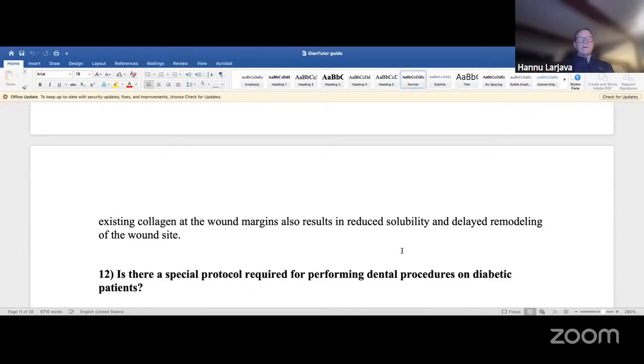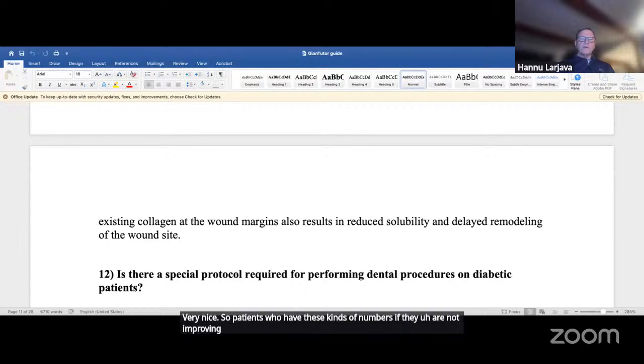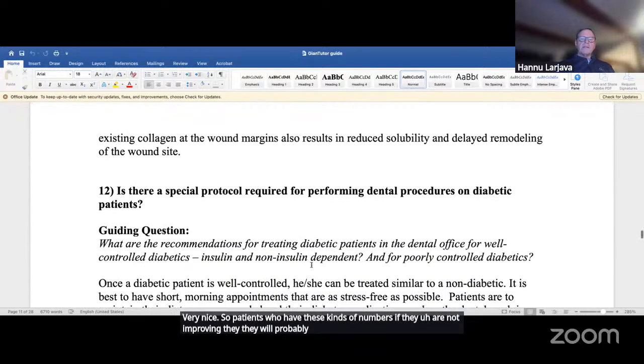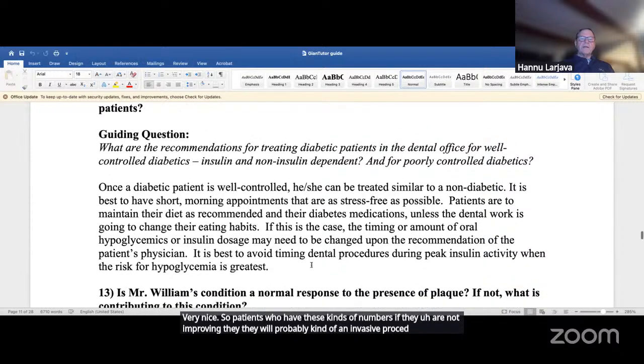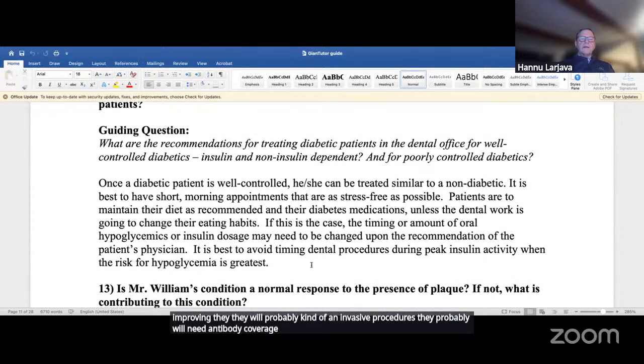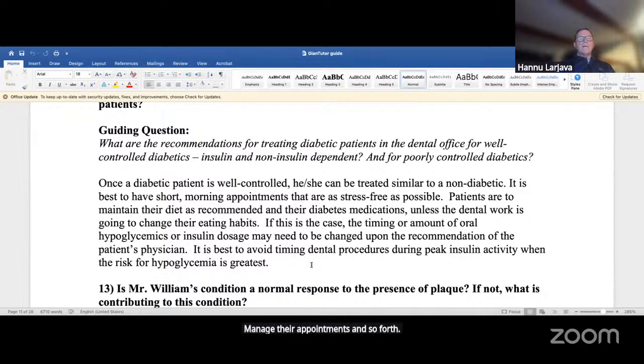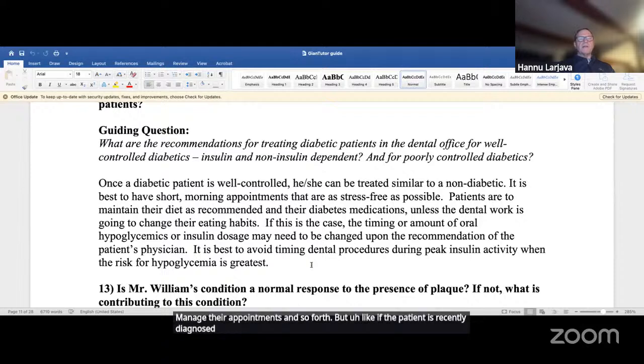Very nice. So patients who have these kinds of numbers, if they are not improving, for any kind of invasive procedure they will probably need antibiotic coverage. And they try to manage their appointments and so forth. But if the patient is recently diagnosed, I hope that they are closely followed, so we will know when they are getting better.